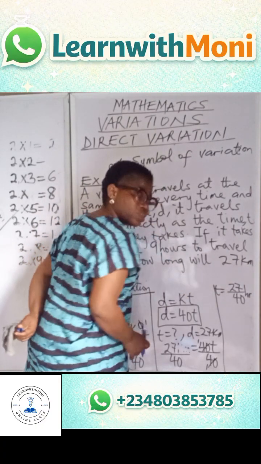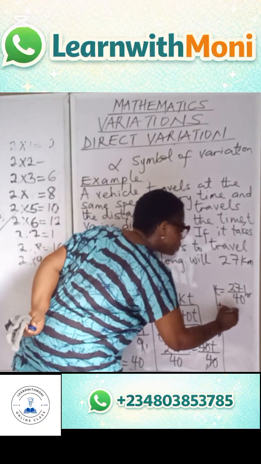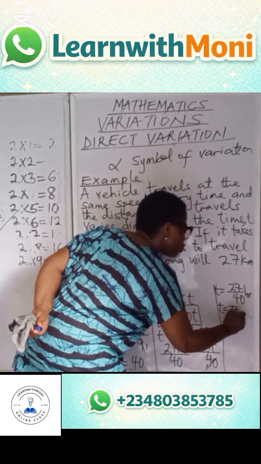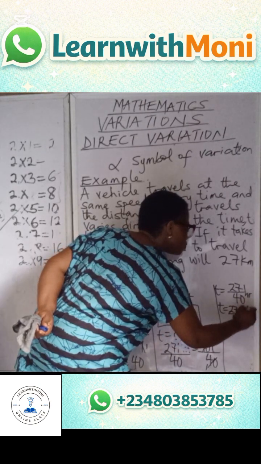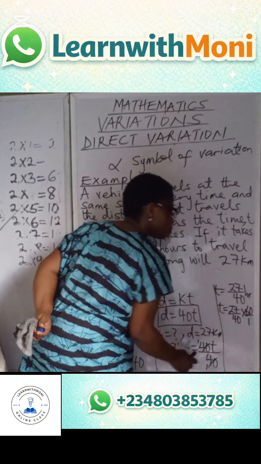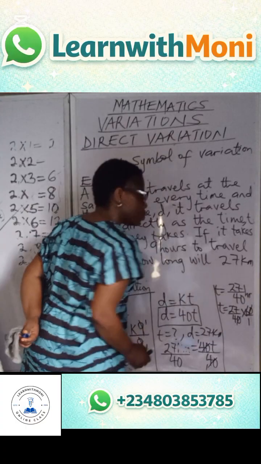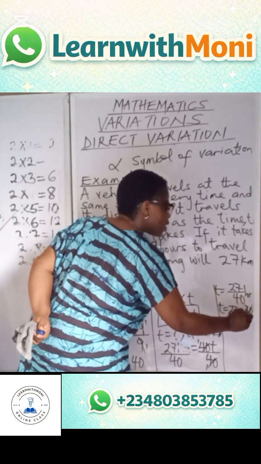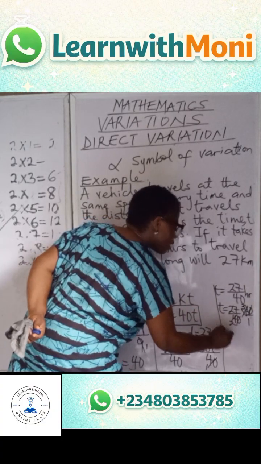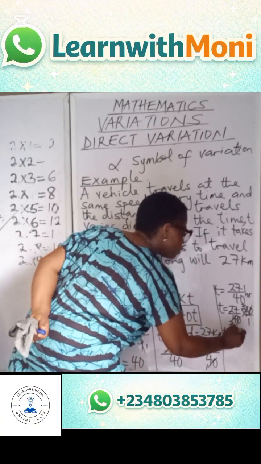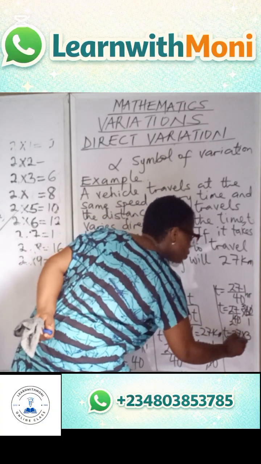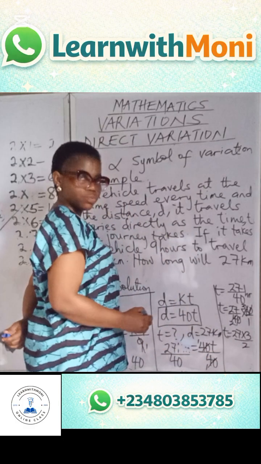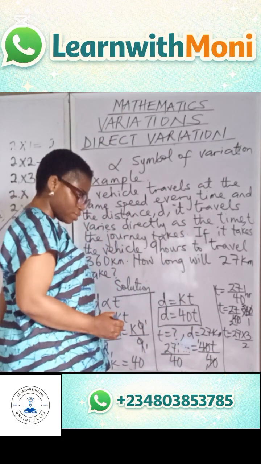So 27 over 40 hours means T is equals to 27 over 40 times 60 minutes. 0 cancels 0. 2 divides 4 2 times. 2 divides 6 3 times. So we have T equals to 27 times 3 divided by 2. That is our answer in minutes.